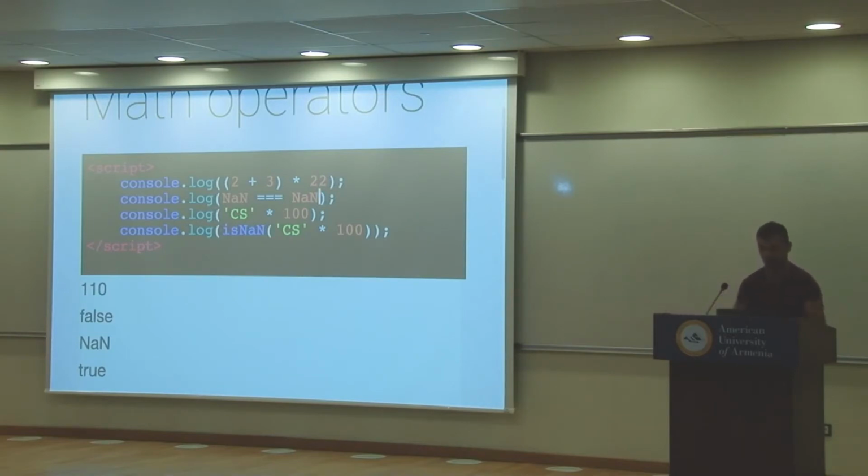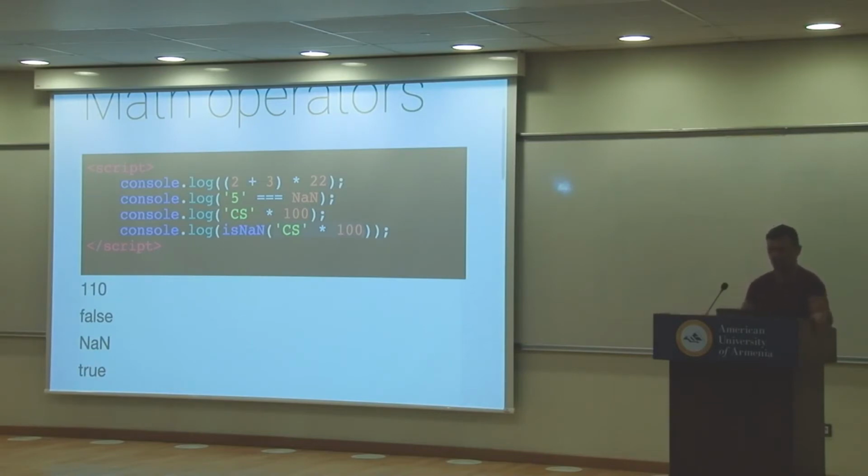You can't just compare it to NaN, because it's always going to give you false, even if it is NaN. So the way to do that is to use this isNaN thing. It's a function, we'll talk about functions later, but basically you say isNaN and you give it some value. And if that value is NaN, it will return true. If it's not, it will return false.